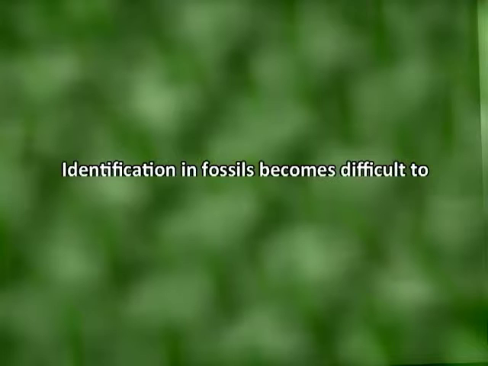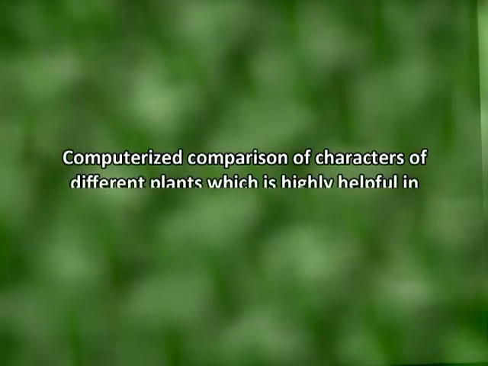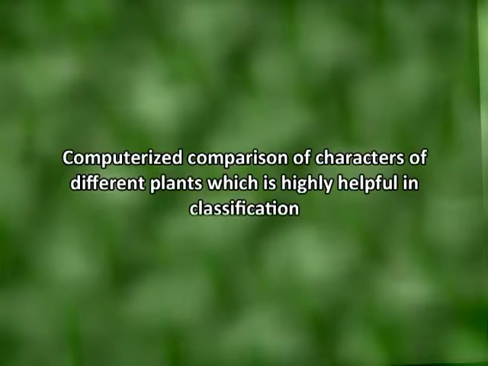Number 9. The identification of fossils is possible only with adequate knowledge of taxonomy. Identification in fossils becomes difficult due to their fragmentary and ill-preserved nature. Number 10. Taxonomy is aimed to computerized comparison of characters of different plants, which is highly helpful in classification.